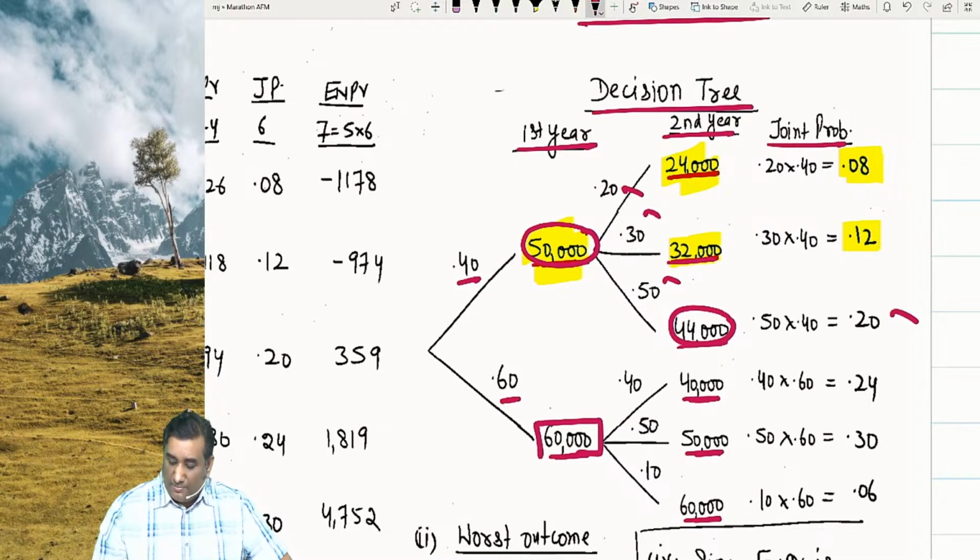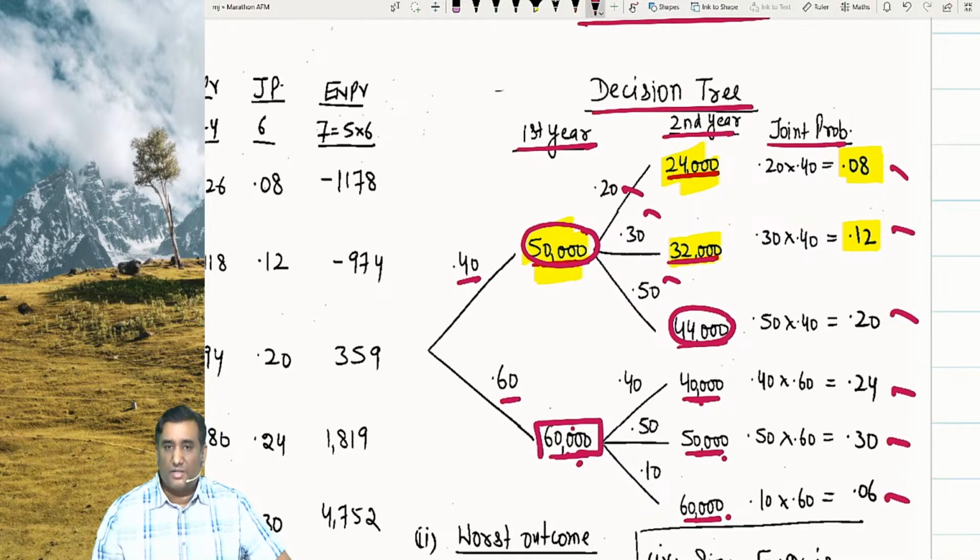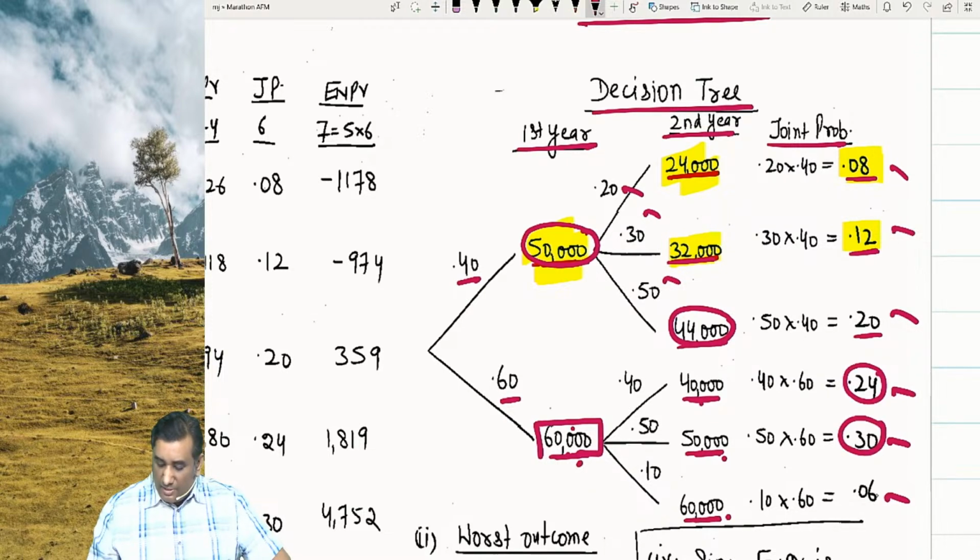The other 3 paths are 40, 60 and 60,000 with 60,000, and their probabilities are 24%, 30% and 6%. So the probabilities of the events happening are 8%, 12%, 20%, 24%, 30% and 6%. The sum is 1.